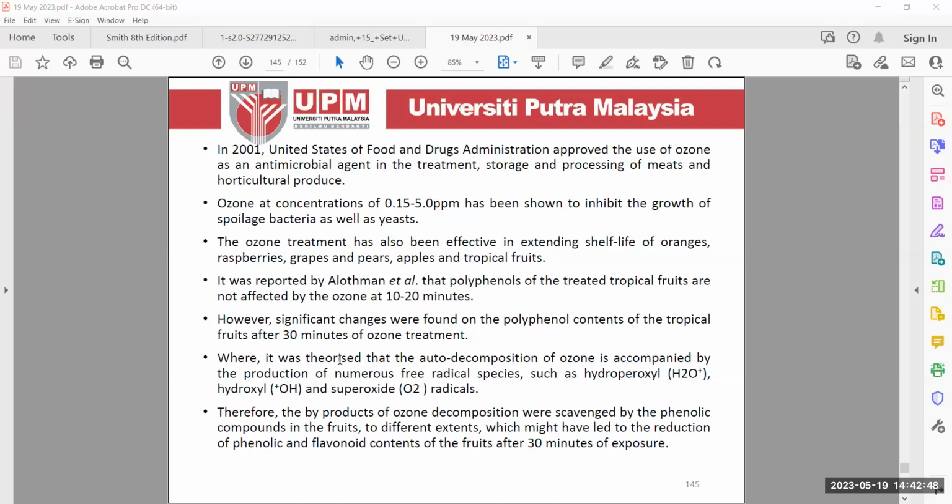But it was theorized that the auto-decomposition of ozone is accompanied by the production of numerous free radicals such as hydroperoxyl, hydroxyl, and of course superoxide radicals. What this does is induce the aging process of your food, so the ripening process becomes much faster.